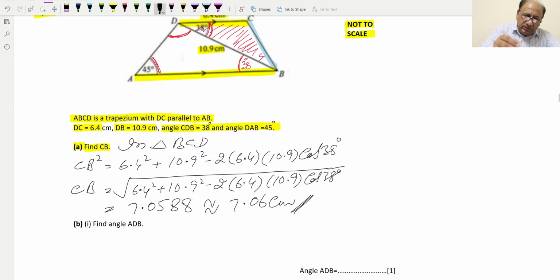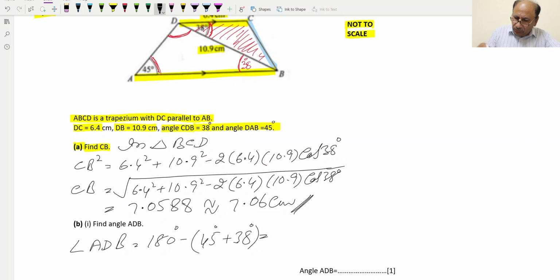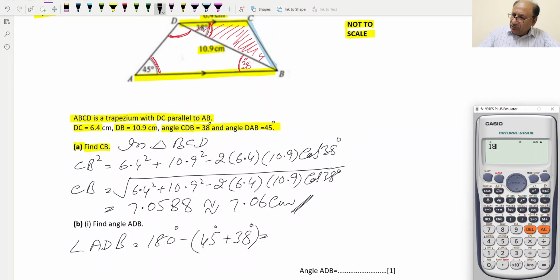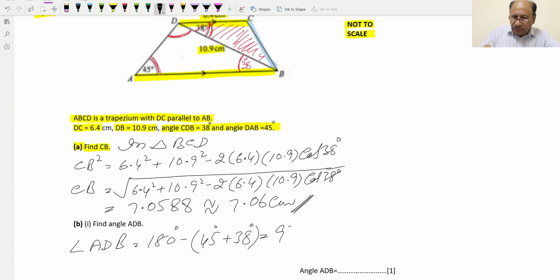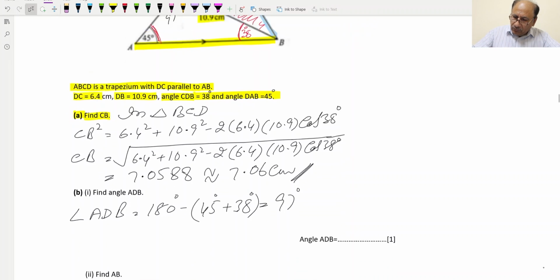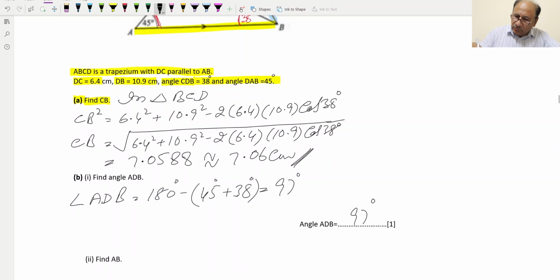So we can write here angle ADB will be equal to 180 minus 45 plus 38 degrees, and this is equal to 97 degrees. So this angle is 97 degrees. Okay, so one more question which we are done with.